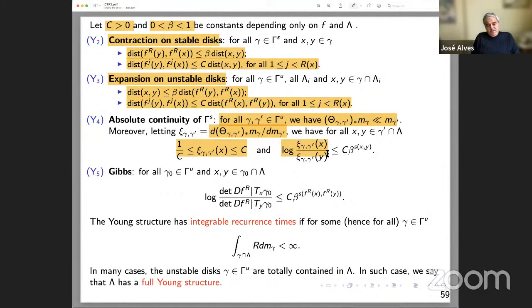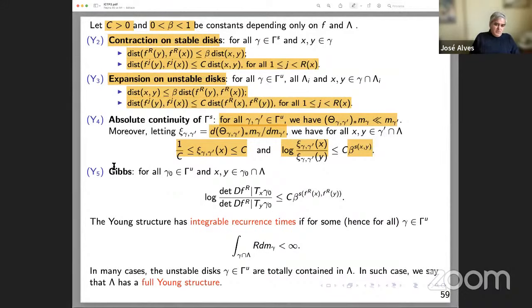As before in the Gibbs-Markov situation, when we consider the Jacobian, Jacobians are related to these densities. If you think of beta to the separation time as being the distance, we are imposing some type of Holder condition on the Jacobian, here on the density of the push forward with respect to the measure on the leaf. So this is the absolute continuity property.